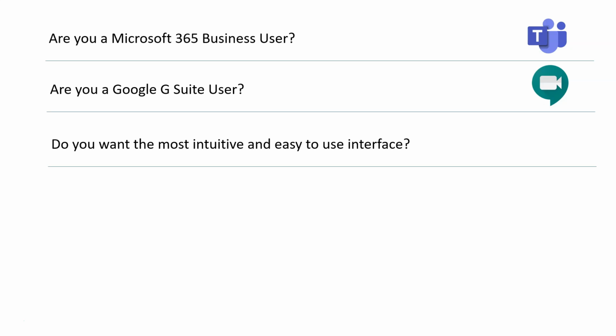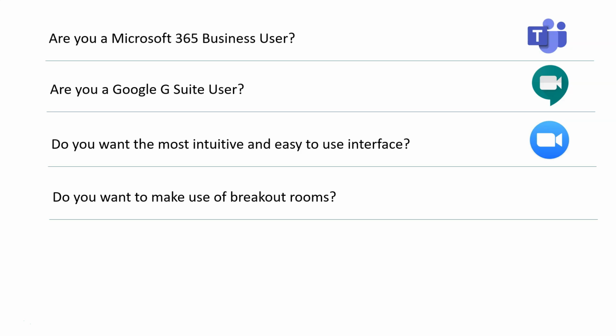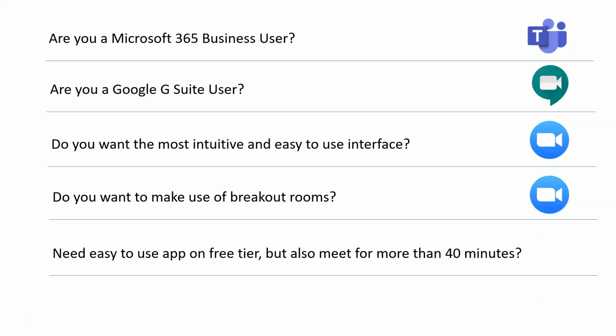Do you want the most intuitive and easy to use interface? Use Zoom. Do you want to make use of breakout rooms within your meeting? Zoom would be the best choice. Do you need an easy to use interface on the free tier, but you will also want to meet for more than 40 minutes?